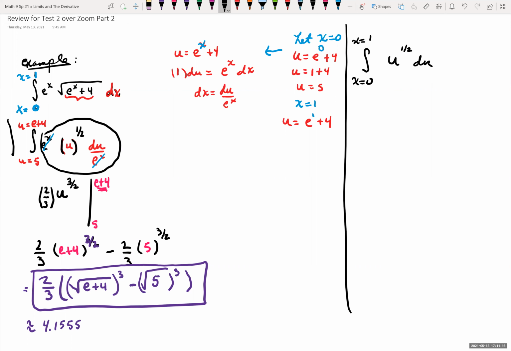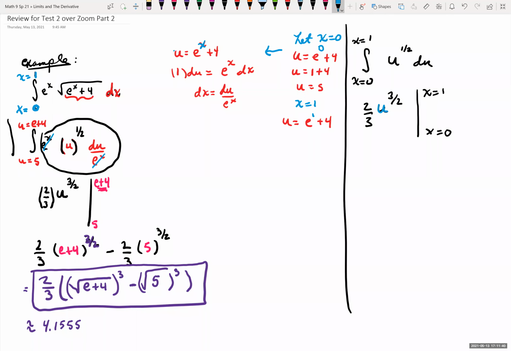So now when we take the antiderivative of this, again, we're going to add 1 to our exponent. So that's going to give us 3/2. Divide by our new exponent, which is 2/3, or is the same thing as multiplying by 2/3. And this is actually, again, when x is 0 and x equals 1. But our antiderivative has u in it.